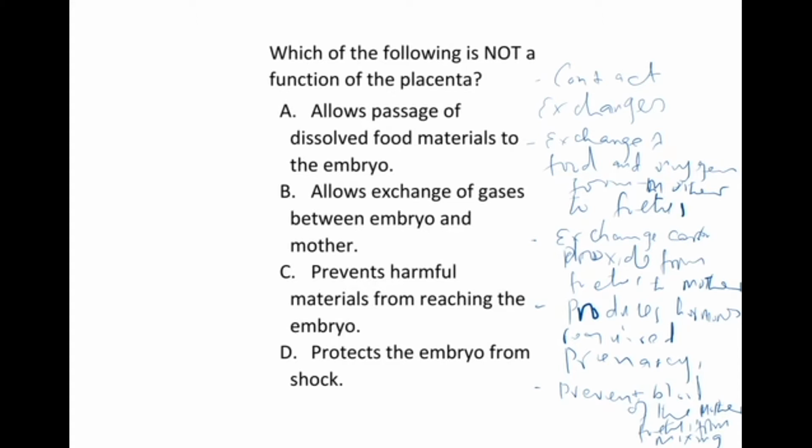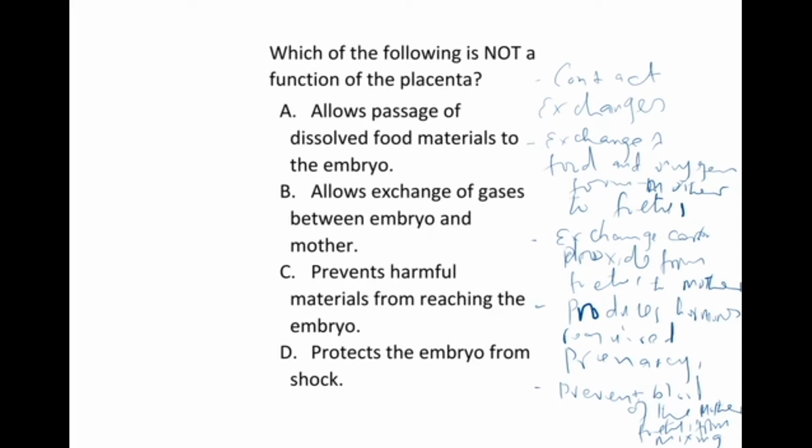Also, it allows the exchange of waste products, e.g. carbon dioxide, from the fetus to the mother, so that they can be taken to the excretory organs for removal. Also, it allows the exchange of food and oxygen from the mother to the fetus, since the mother is the one who feeds. The fetus feeds from the food that is dissolved in the blood of the mother that is allowed to pass through the placenta.